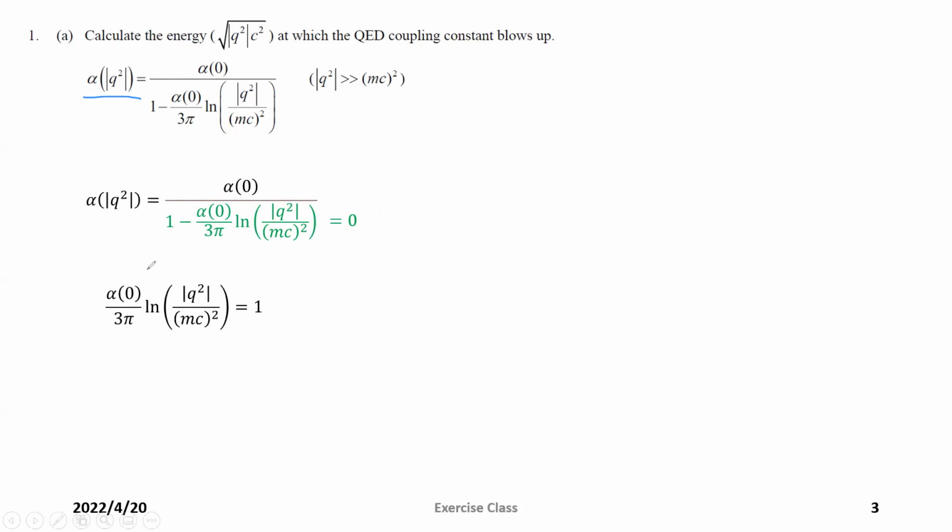So we arrange the terms like this, and we can simply get the energy to be mc squared multiplied by the square root of an exponential.